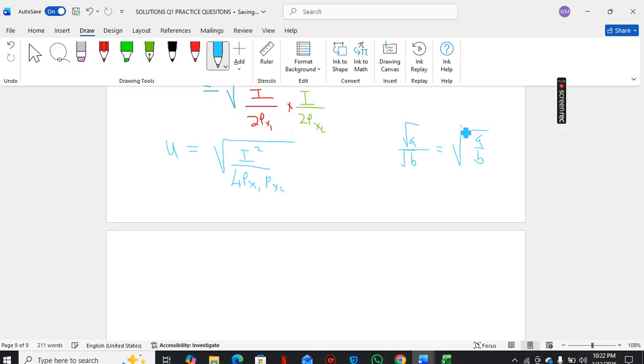So this is what we're doing here. We're moving from here to this. So in our expression, we can write the square root of I squared over the square root of 4px1 px2.